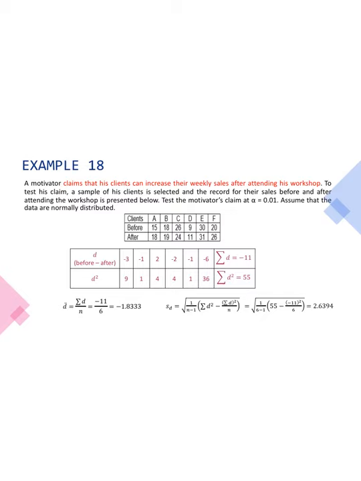Cari punya difference, and then cari D square difference tu kuasa 2, sebab kita nak cari dia punya D bar dengan standard deviation of the difference. So D bar kita dapat negative 1.8333 and standard deviation of the difference 2.6394.